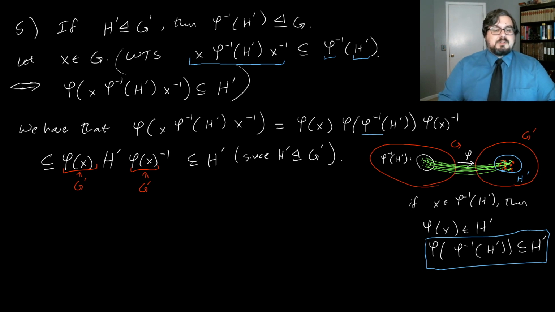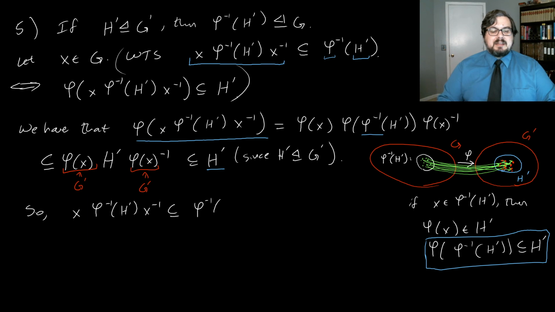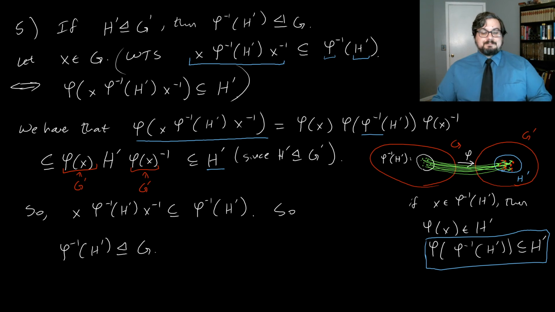All right, so we've shown that phi of all this stuff is contained in H prime. So that means that x times phi inverse of H prime times x inverse is contained in phi inverse of H prime because it gets mapped into H prime under phi. But that's exactly the condition that we need to conclude that phi inverse of H prime is a normal subgroup of G.